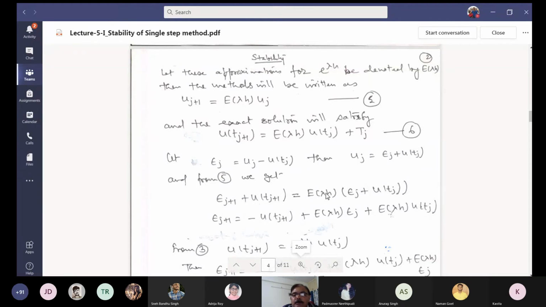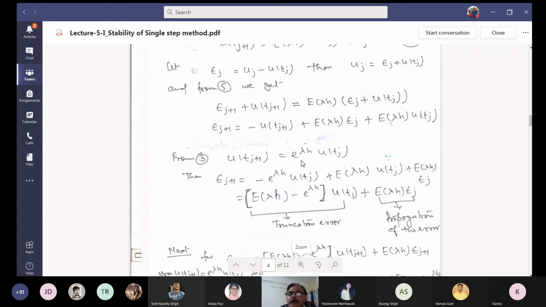And then this is your e lambda h, and then uj, where uj is written as epsilon j plus u(tj). So I have just put this value here, in 5. So it will be your epsilon j plus 1. I will take one side, and the remaining other things I have taken on the other side.